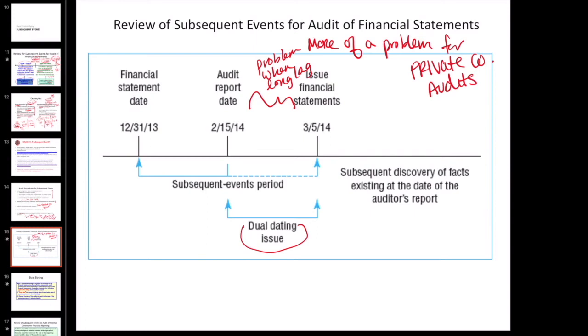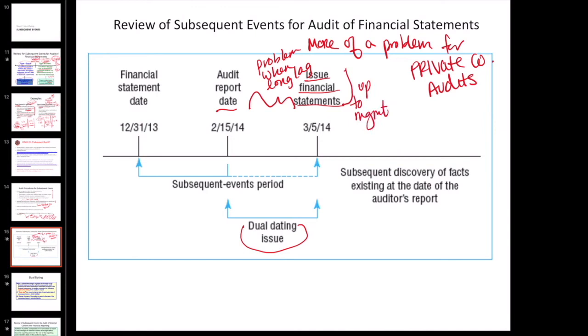All right, so remember the audit report date just represents the date on which I have officially collected all the evidence I need to issue my audit opinion. The issuance of the financial statements, they can do that right after the audit report date, or possibly they could wait another month before they issue the financial statements, because this is really up to management.